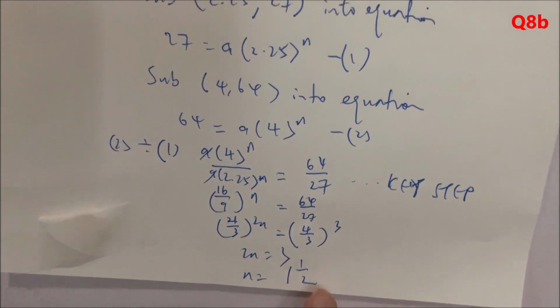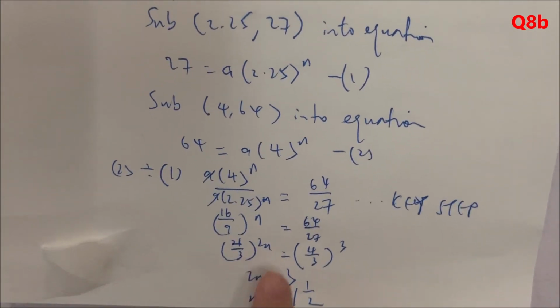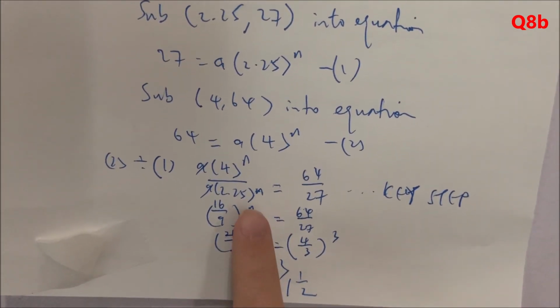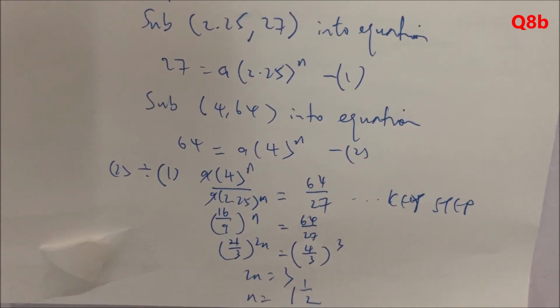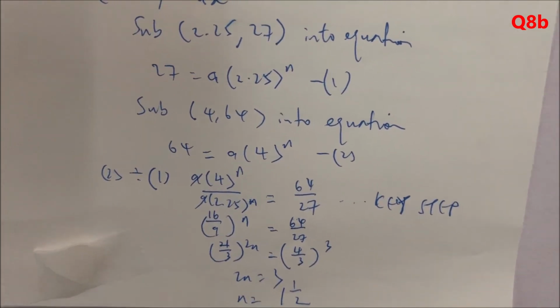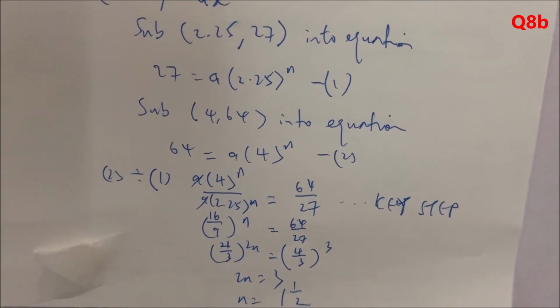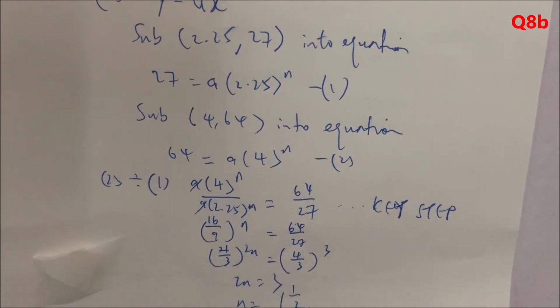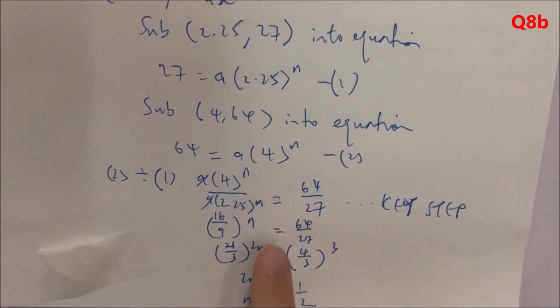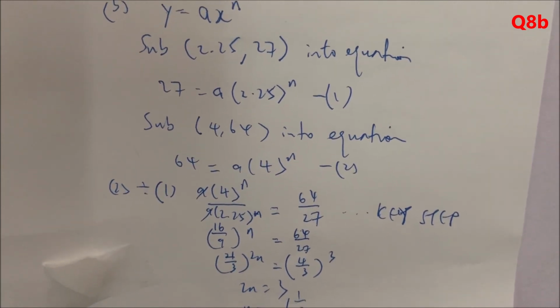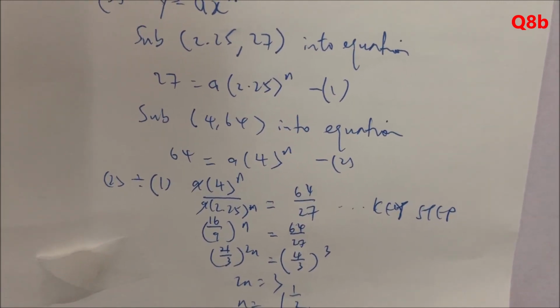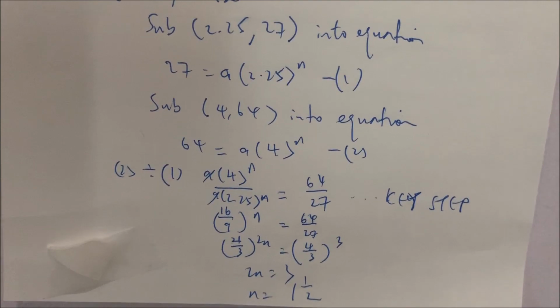Equate the powers and you solve for n. So that's the technique for this question, is to divide the equation. So remember, it's not always like lower sec where you solve simultaneous, you always plus or minus. This one you divide. Just remember, any method that helps you get rid of one variable, the fastest way, just do it. Thank you.